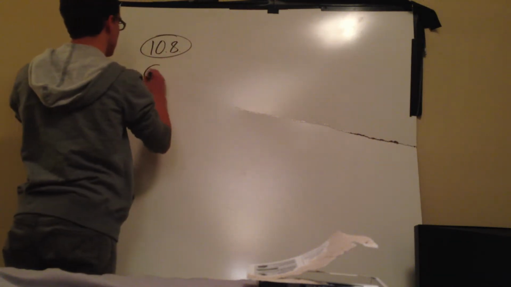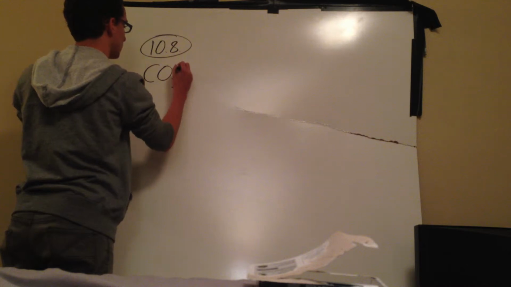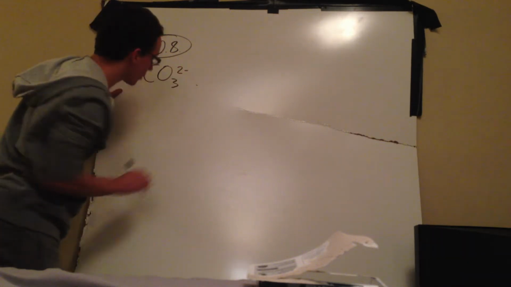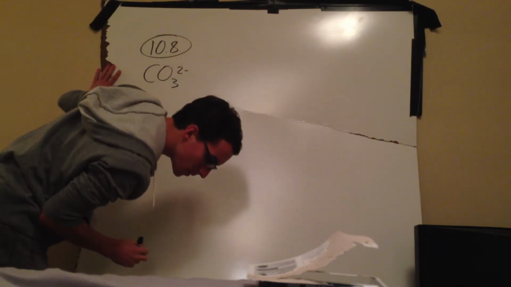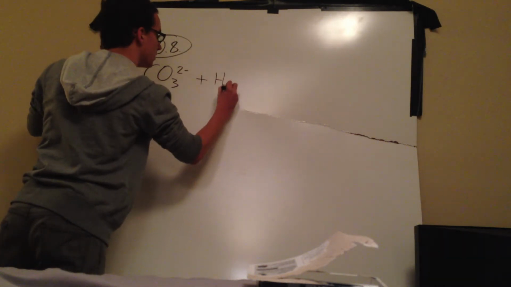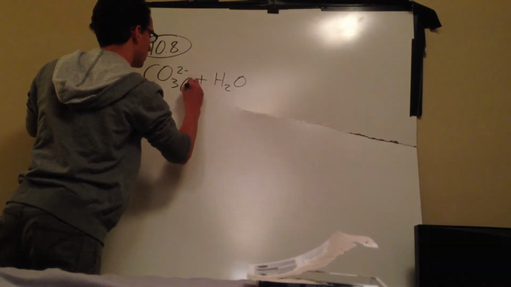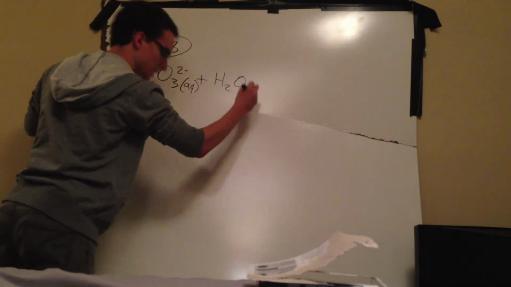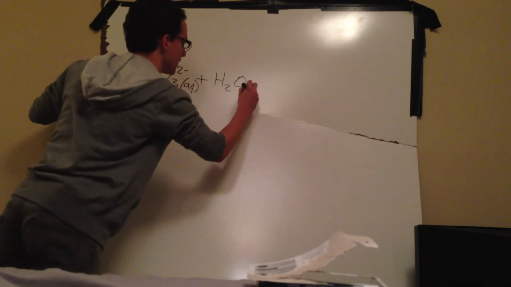Here's our reaction. We have CO3 2-, which means it has a -2 charge, plus H2O. This is aqueous, by the way, and I'm assuming that's liquid. Yeah, liquid. Has to be. That's aqueous.